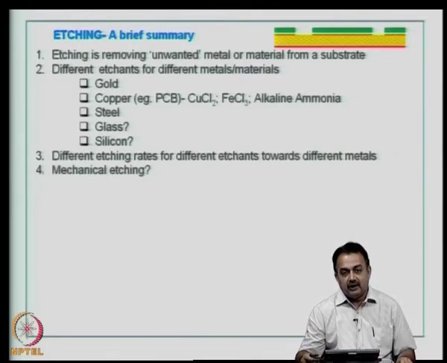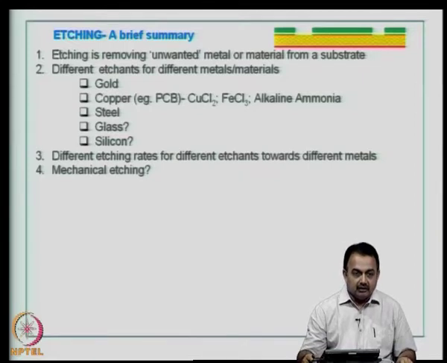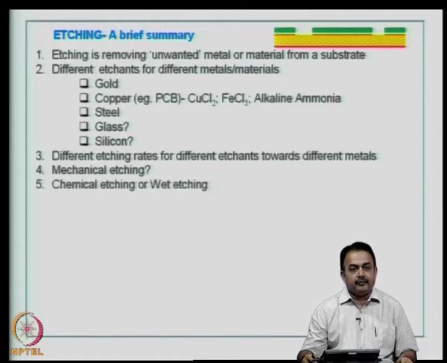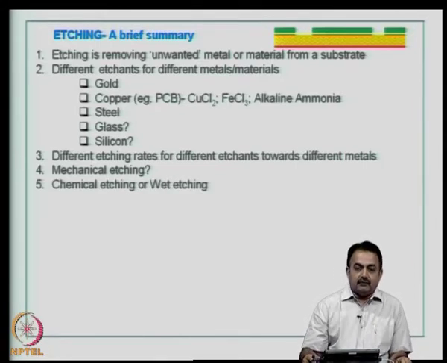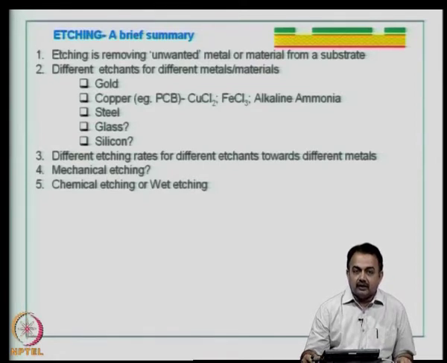Mechanical etching is basically mechanical milling, using a milling machine. Chemical etching or wet etching is always a question of debate, but people are more inclined to wet etching in the printed circuit board industry because the volumes are very large and you require a faster rate.